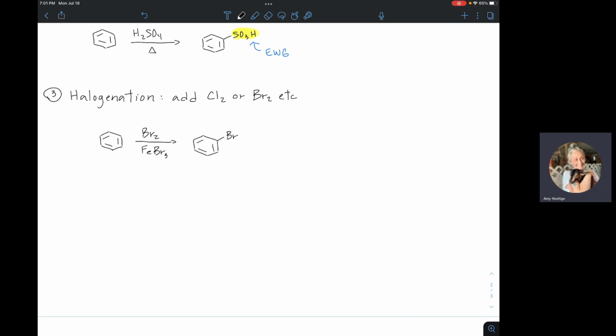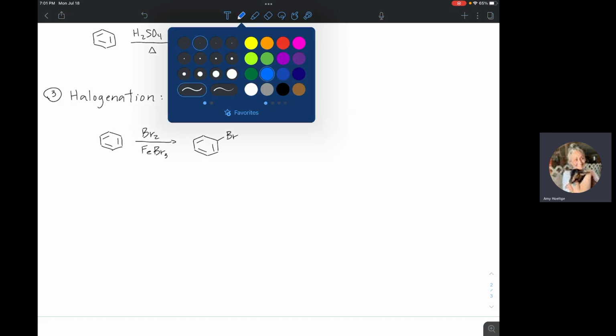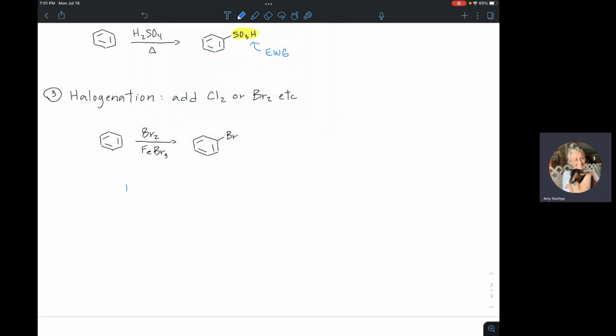So of course we're just going to brominate the ring. But what happened here? So we can set this up where we have a bromine-bromine covalent bond and a Lewis acid. So that is an electron deficient species, right?